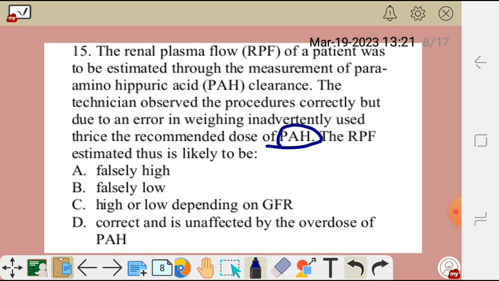All the channels will be saturated, so the PAH which is going to be filtered will be low. So the estimate of our renal plasma flow is going to be forcefully low. Why? Because the channels for PAH are going to be saturated by that overdose. Okay, so the correct answer for question 15 is B.